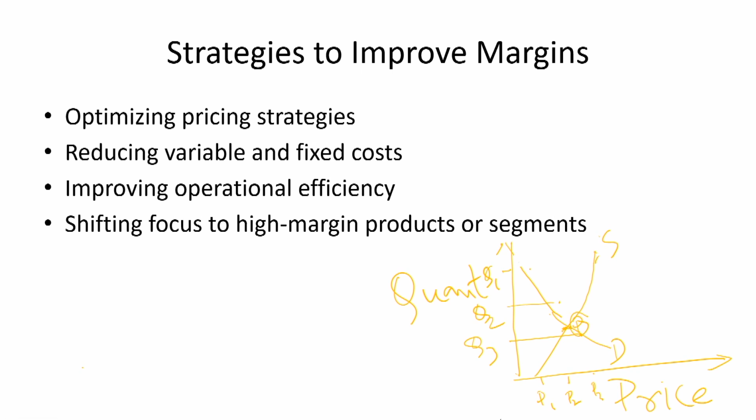Anything above this P, say P3: if we price the product at P3, what will happen? We will have more contribution margin. For each sale we will earn more. However, we will lose a lot in terms of demand, and the additional profit from the contribution margin will not compensate for the loss in demand.